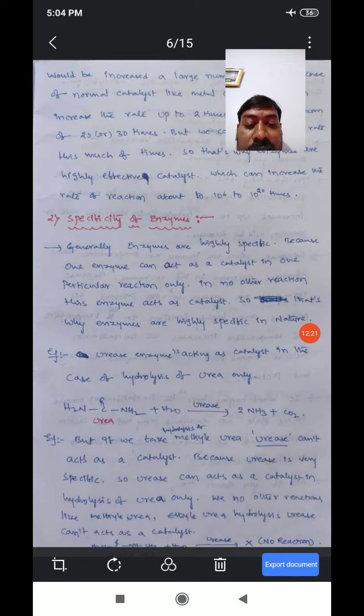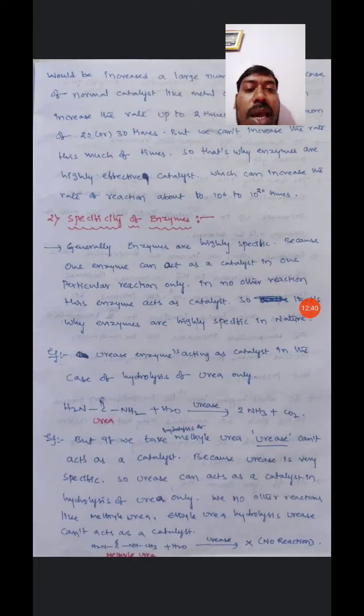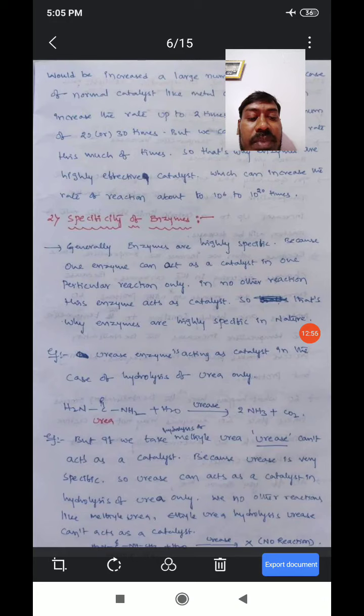The next example: if we take the hydrolysis of methyl urea, urease cannot act as a catalyst, because urease is very specific.